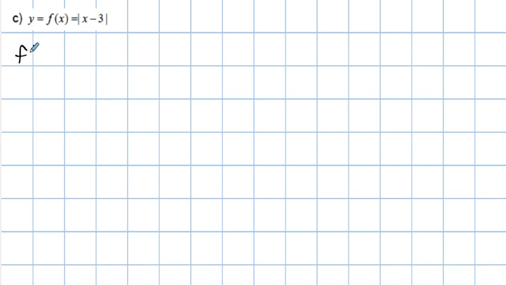So my f of x is going to be broken up into two parts. It's going to be broken up into x minus 3, and the negative of that, so negative x minus 3, or if you wanted to write that as 3 minus x, you can do that as well.